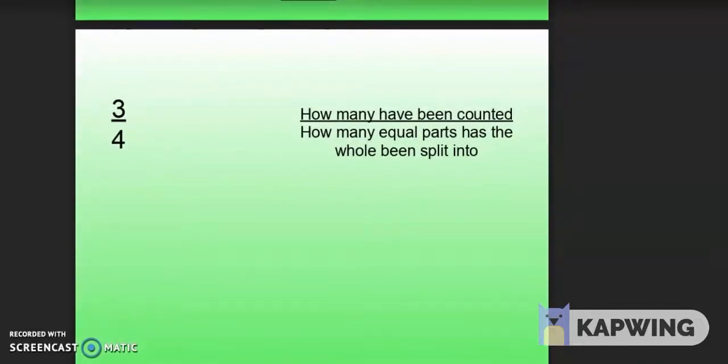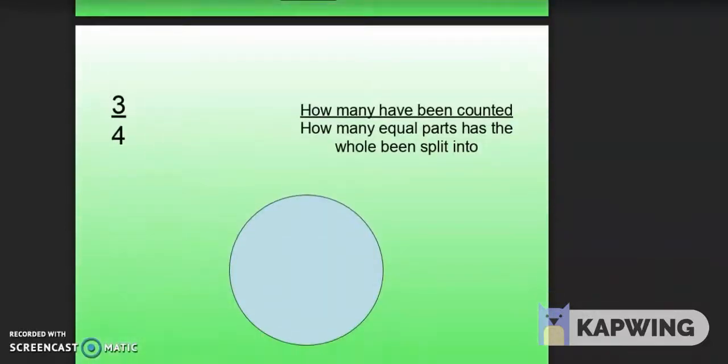Now, if you were talking about 3/4, our numerator is 3 and our denominator is 4. So we would be breaking it into 4 parts, but we would only be counting 3 of those 4, so it would be 3/4.